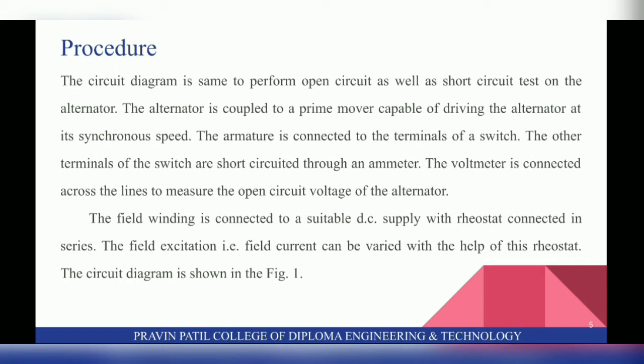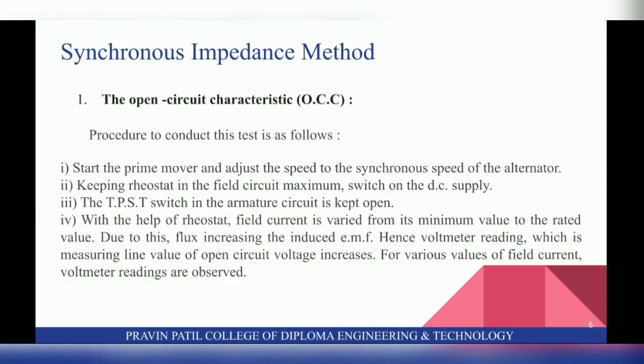The other terminals of the switch are short circuited through an ammeter. The voltmeter is connected across the lines to measure the open circuit voltage of the alternator. The field winding is connected to a suitable DC supply with rheostat connected in series. The field excitation, that is field current, can be varied with the help of this rheostat. The circuit diagram is shown in figure 1.